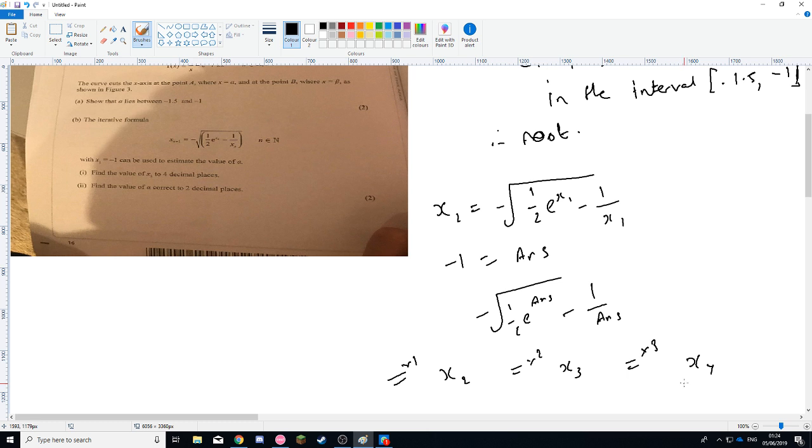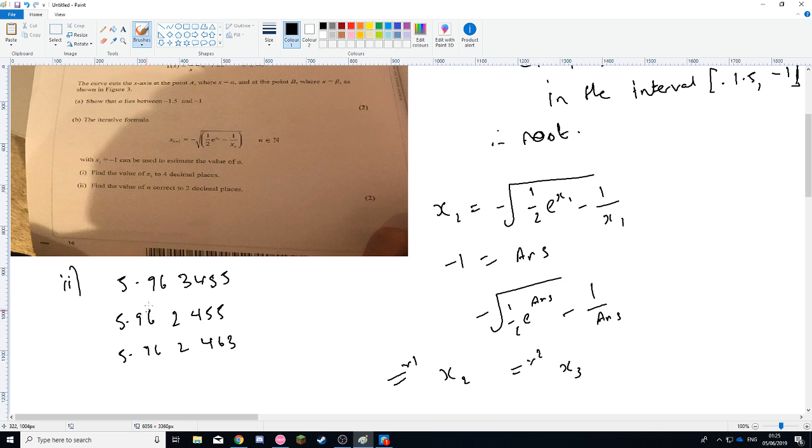You only need x3, so that's fine. Find the value of alpha. Well, to find the value of alpha, you keep on pressing equals until, let's say it's like 5.963455, and you press equals and it's 5.962455, and then it's 5.962463.